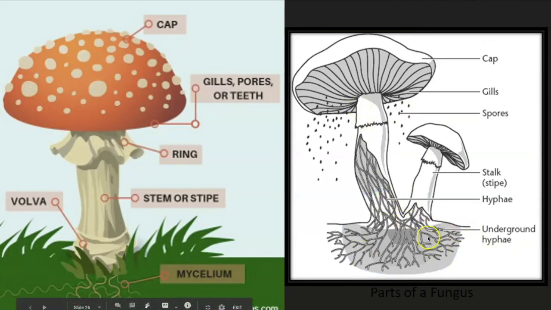The entire organism is actually underground, but when it decides it's time to reproduce, it will produce this thing known as a mushroom, which is going to release its spores, and those spores will eventually turn into new fungi somewhere else. And so that's just a little quick review on Kingdom Fungi.